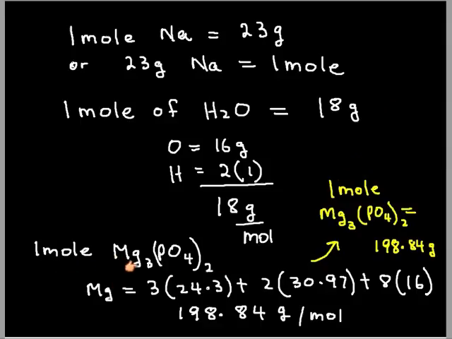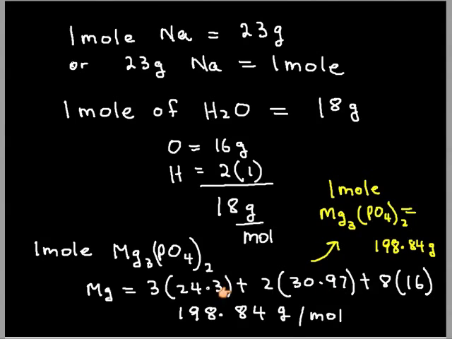Similarly, 1 mole of magnesium phosphate is 198.84 grams. Looking at the numbers in your periodic table, the atomic mass unit of magnesium is 24.3, so 3 magnesium is 3 times 24.3, plus 2 phosphorus, twice 30.97, and 8 oxygen, 8 times 16.